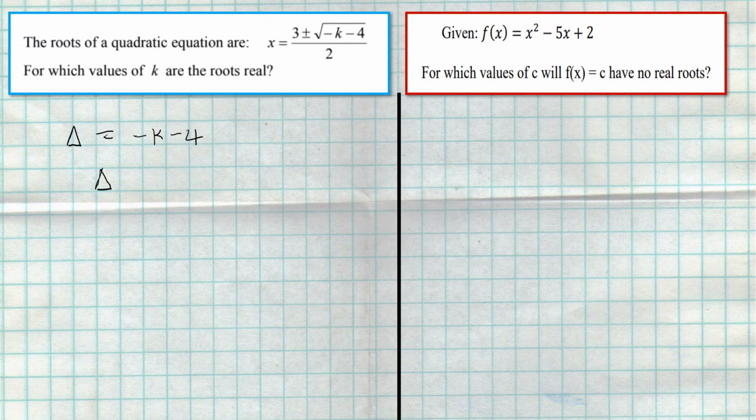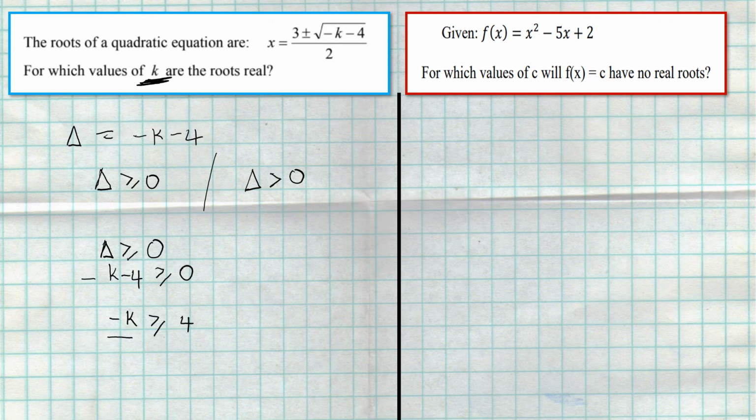You must know for real, delta must be greater or equal to 0, right? Or someone can just say delta is greater than 0. It's not wrong. It's fine. But I would prefer delta greater or equal to 0. Then where there is delta, we put minus k minus 4 greater or equal to 0. And then we can go and solve for those values of k. To solve for k, I'm going to take minus 4 to the other side. It's going to be positive 4.